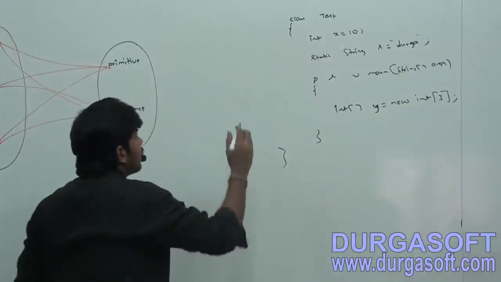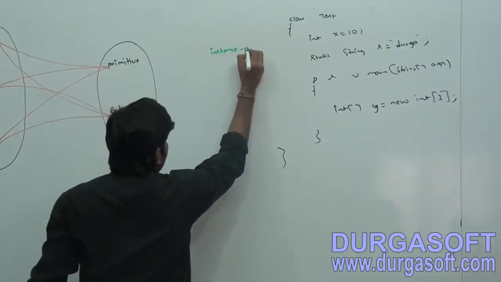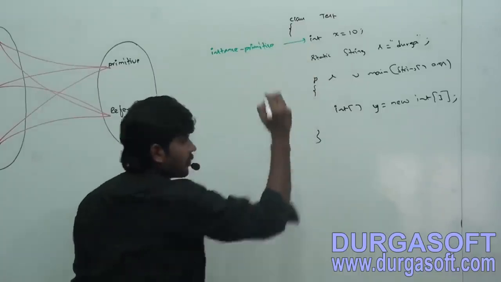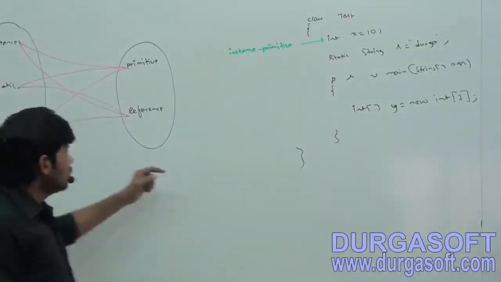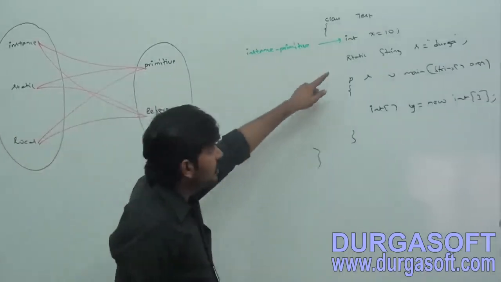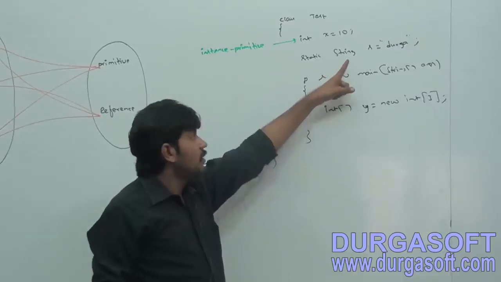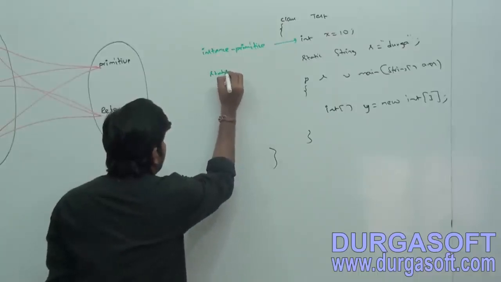So the first variable is instance primitive. The second variable: instance or static or local? Static. Primitive or reference? Reference. So static reference.